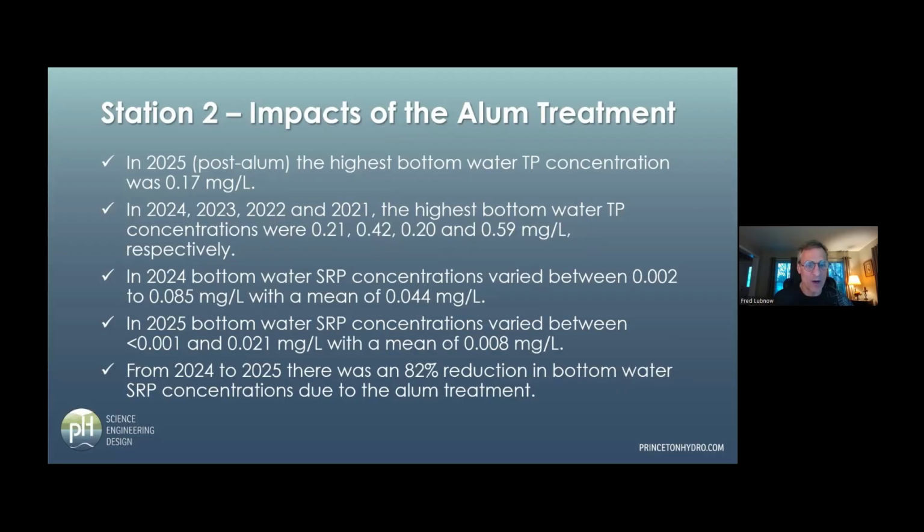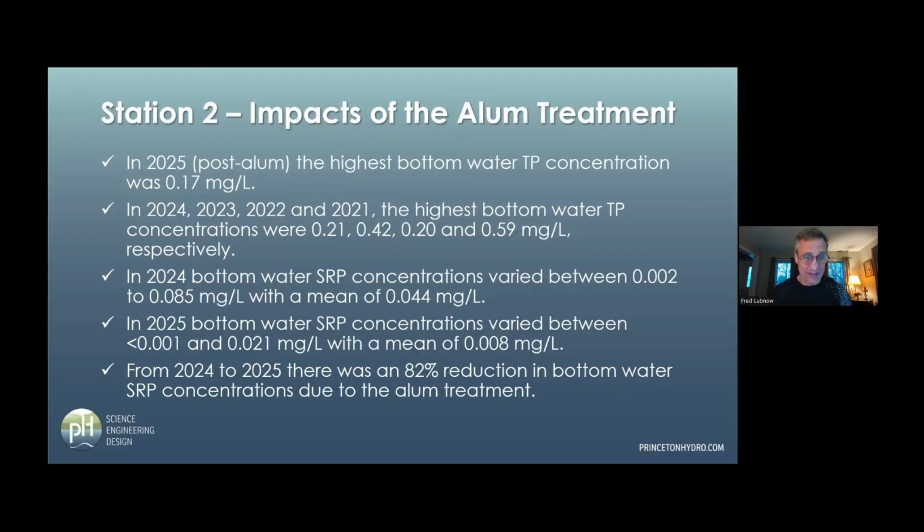So if you look at the bottom water concentrations of SRP in 2024, so this is before the alum was added, concentrations varied between 0.002 and 0.085, with a mean or an average concentration of 0.044. And again, this is in the bottom where you run out of oxygen.